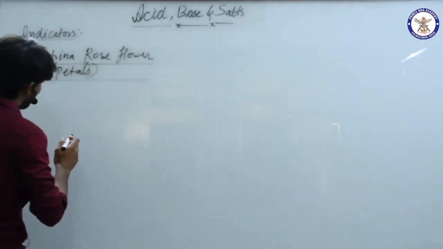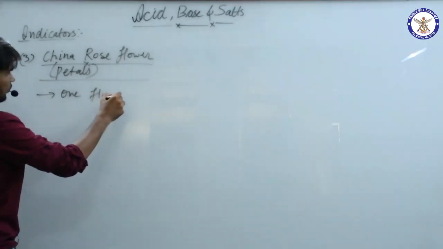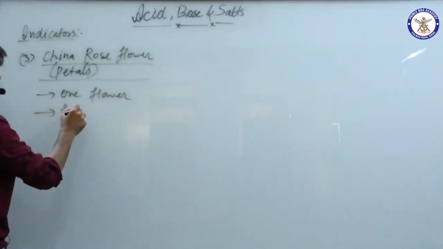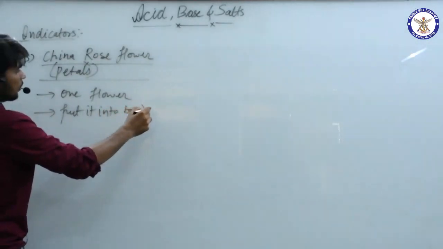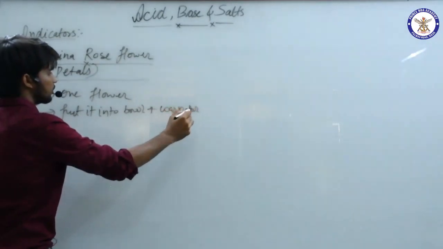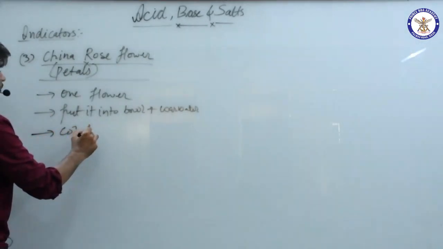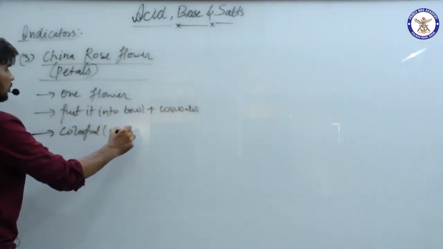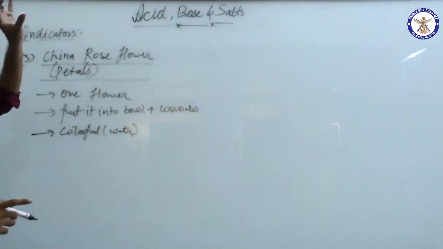I'm writing the steps. One flower. Second step, put it into a bowl plus warm water. Now what you observe is that after some time the water becomes colorful. Now this water solution is your China rose flower indicator.